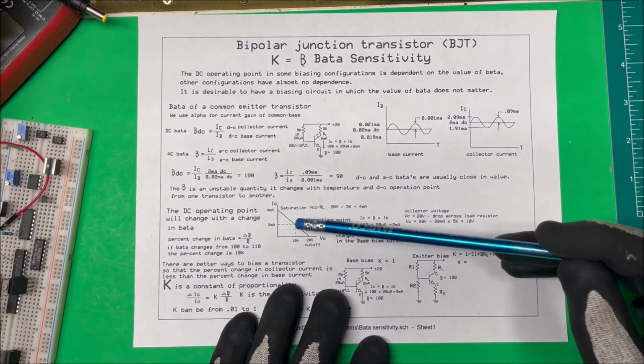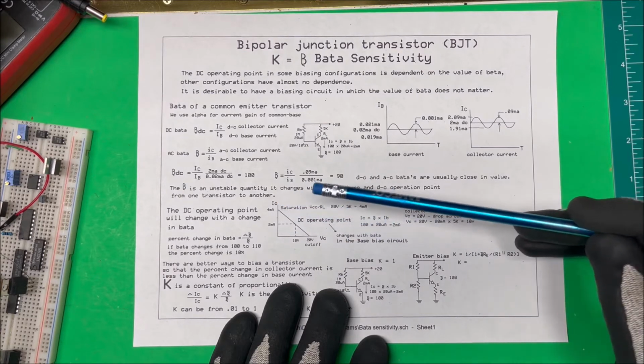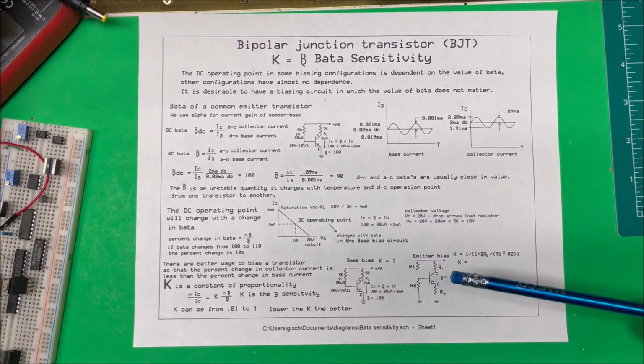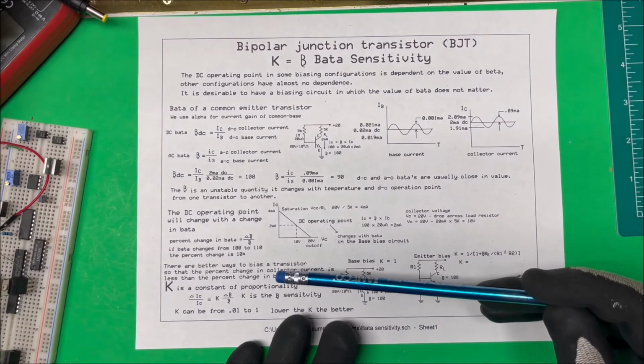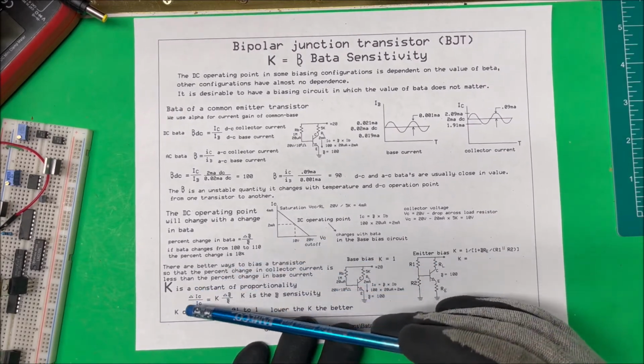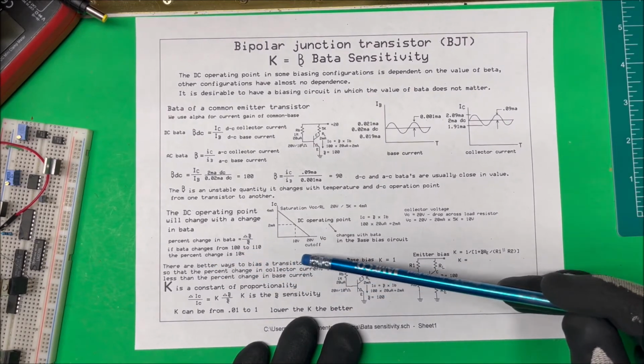So we want to keep the DC operating point right in the middle between the saturation point and the cutoff point.